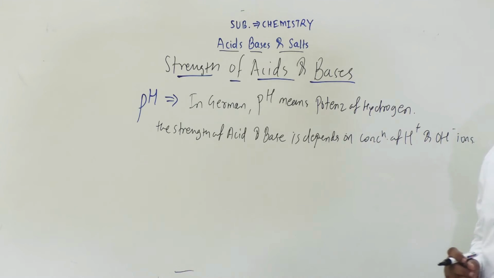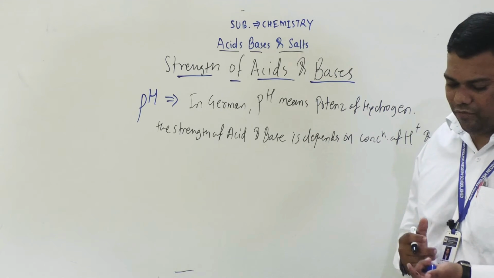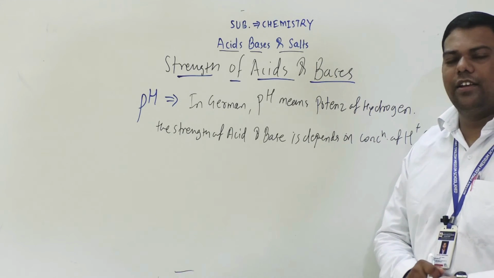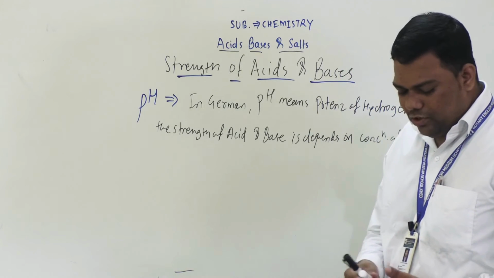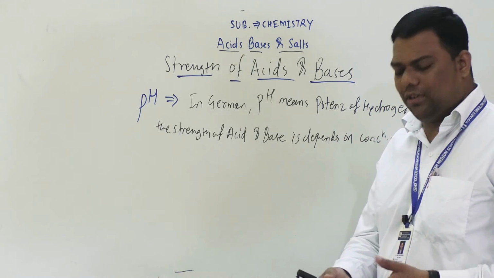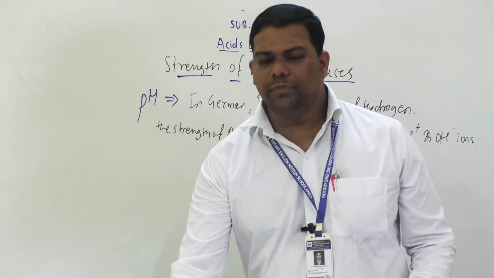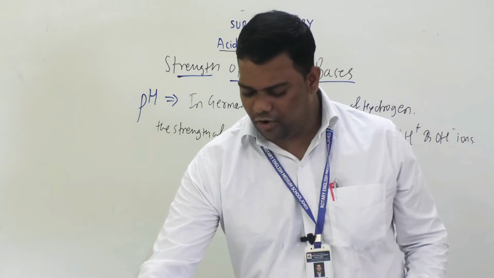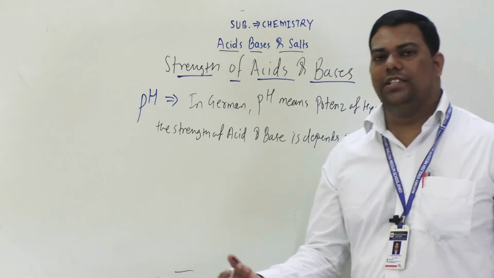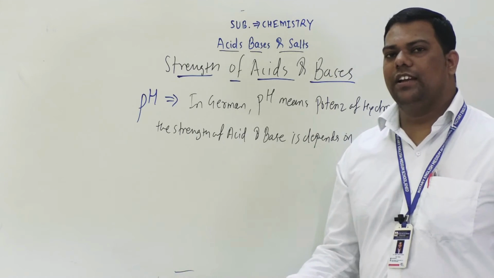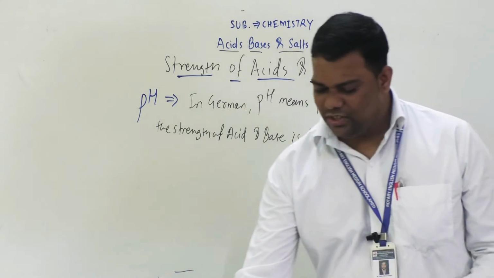So it is a scale for measuring the concentration of hydrogen ion, H plus. For H plus ion concentration we call it pH, but for the concentration of OH minus ion it is called pOH.